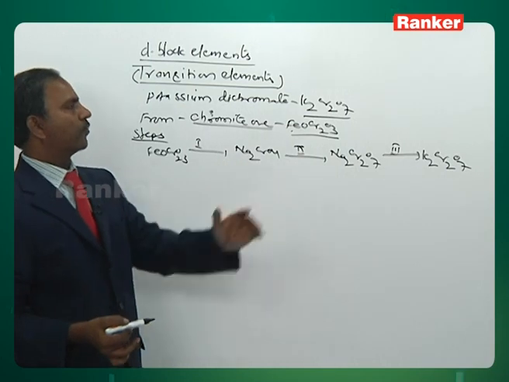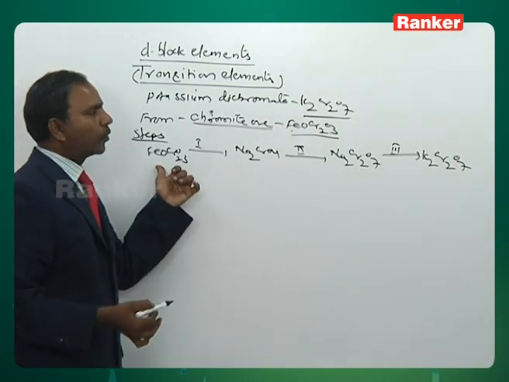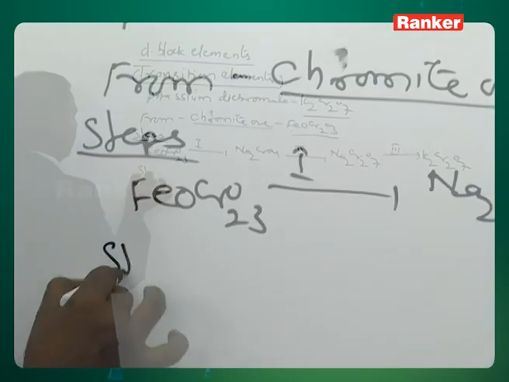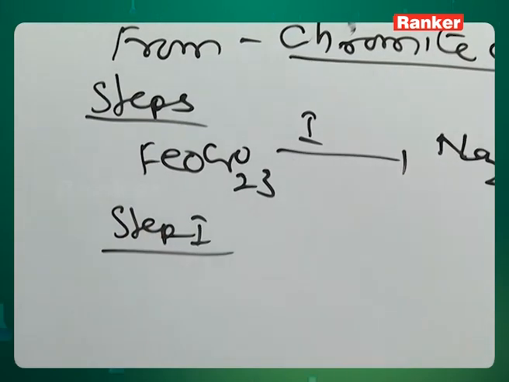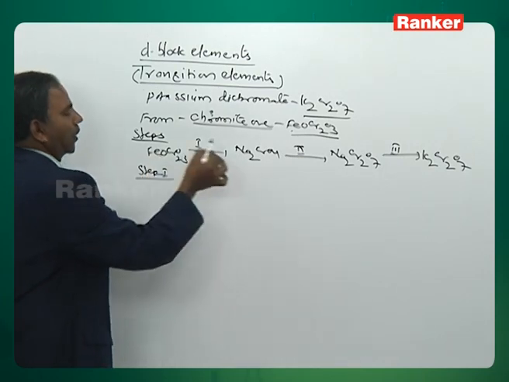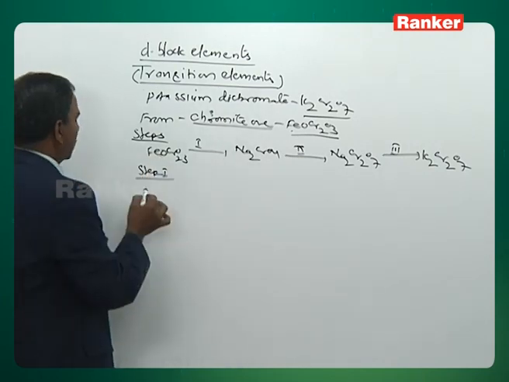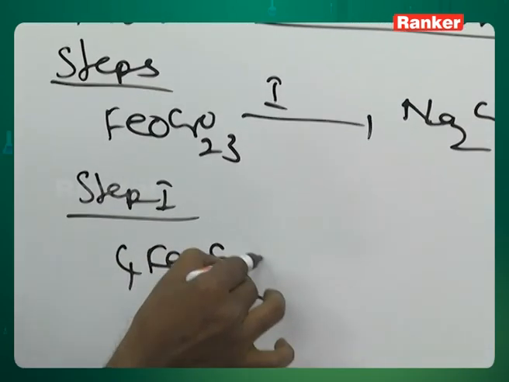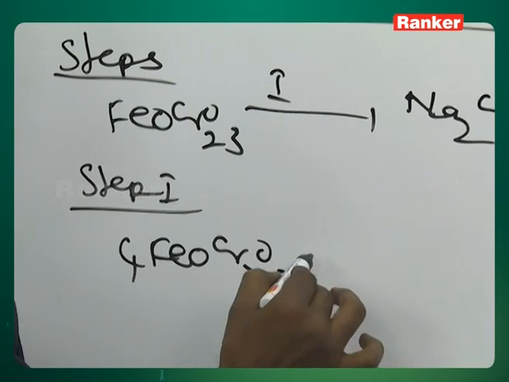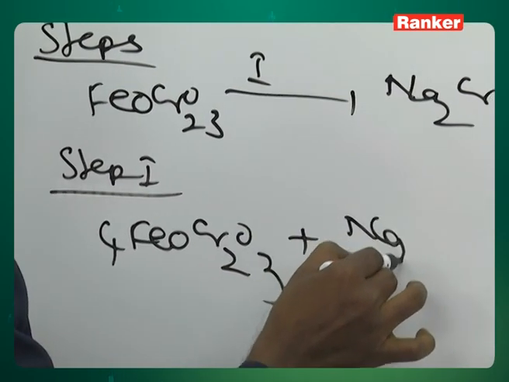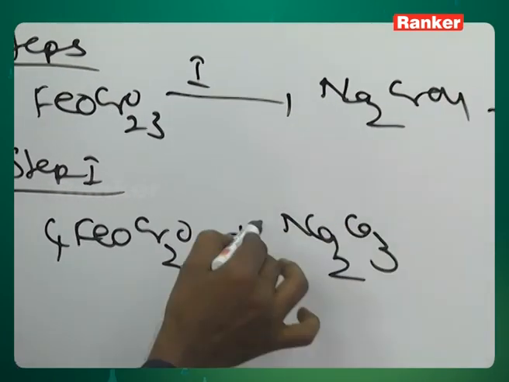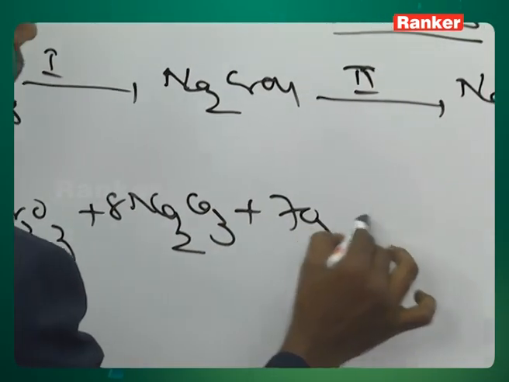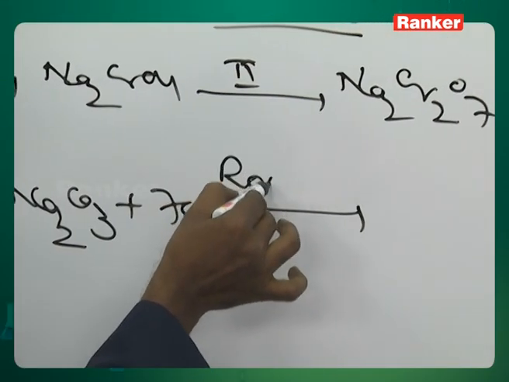Let us see in what way we can convert chromite ore to potassium dichromate in 3 steps. Step 1: chromite ore is converted into sodium chromate. FeO.Cr2O3 is fused with sodium carbonate in presence of oxygen, roasted in air.